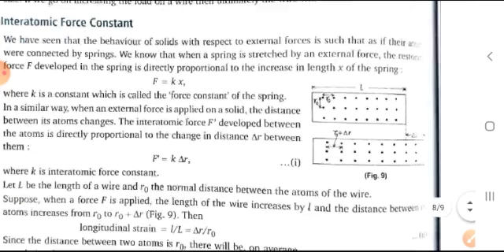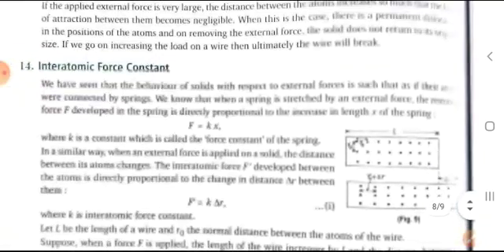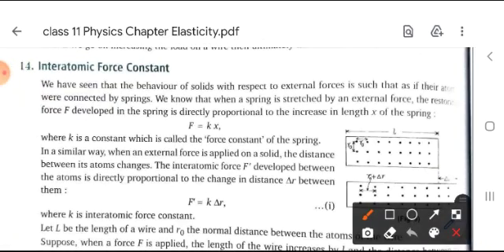Suppose we take a diagram with a strip that has initial length L and interatomic distance R0, and after applying some force, its length increases by delta L and its interatomic distance increases by delta R. Then if the external force is F, F is equal to Kx, where K is the force constant and x is the increased length.